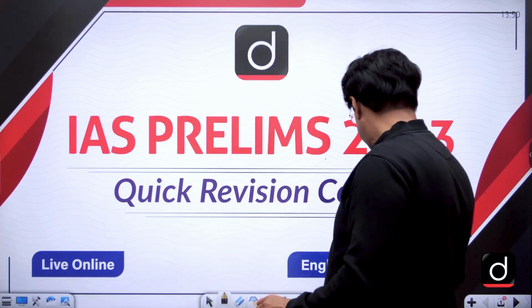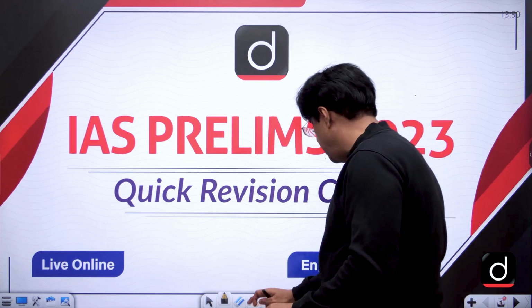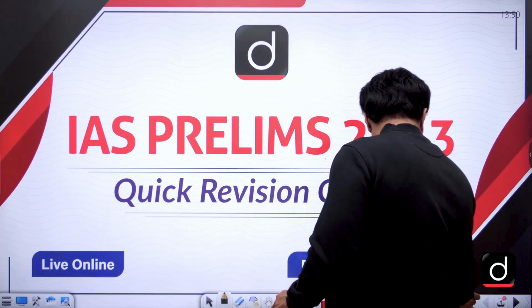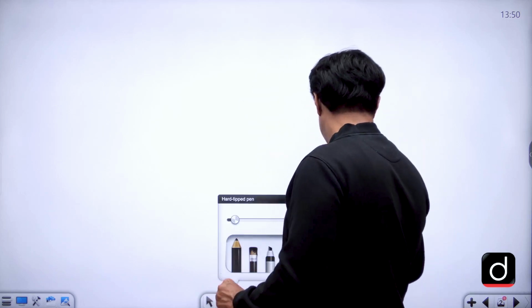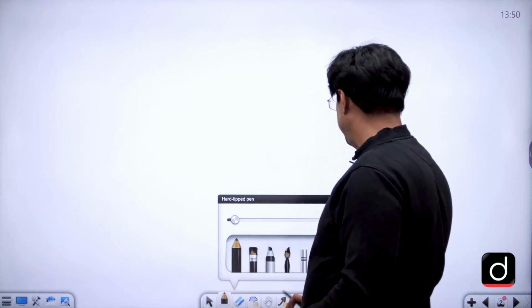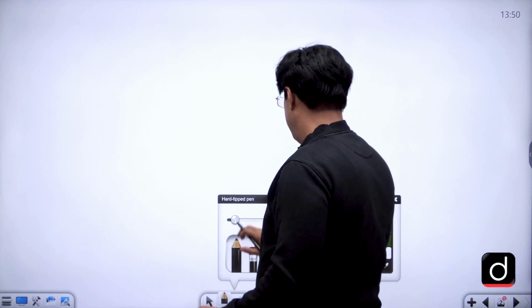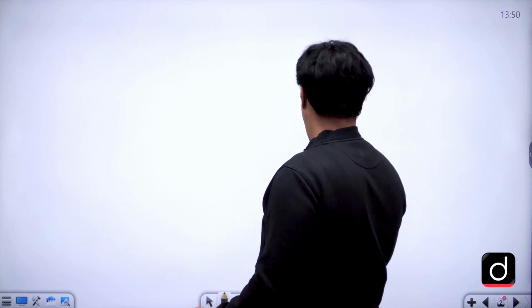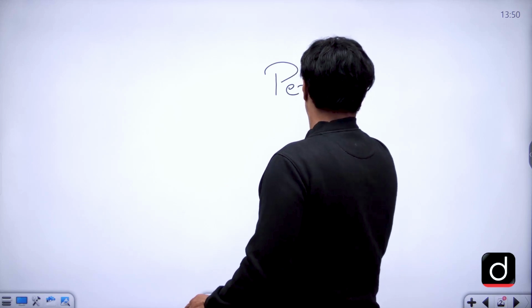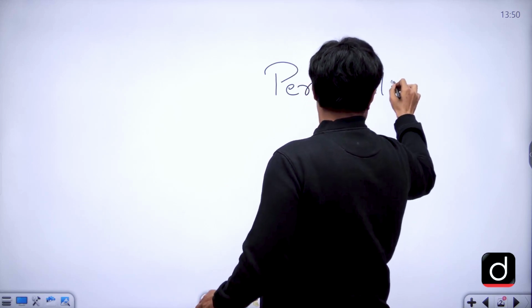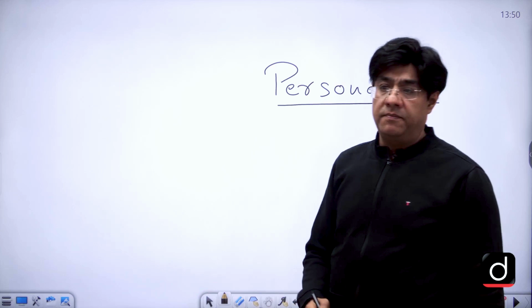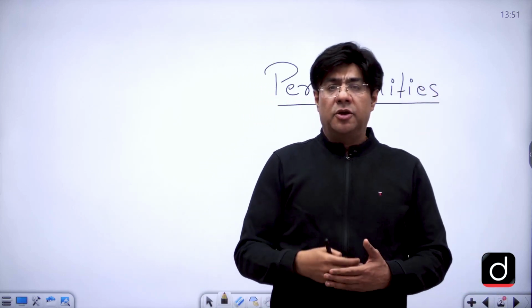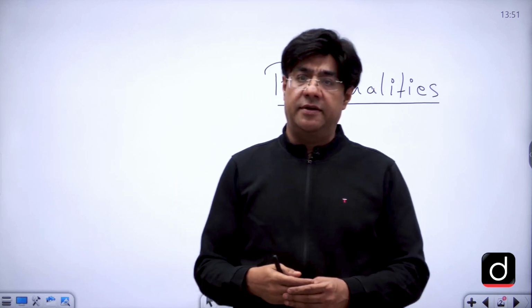Like for example, in the case of modern history, one very prominent area for questions could be personalities. There are many important personalities who have made their contribution to the history of India during the period 1757 to 1947. That is the time period of modern history.